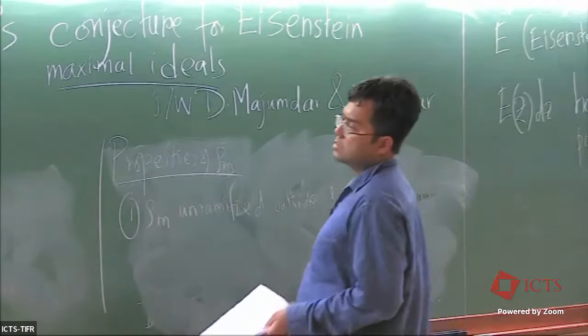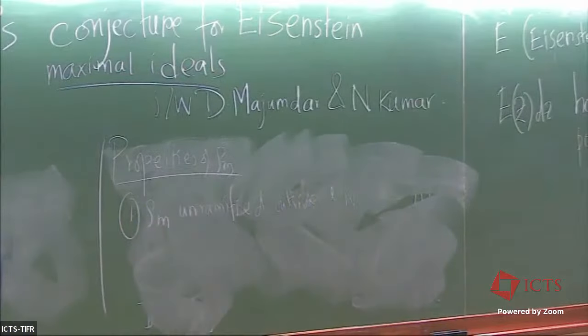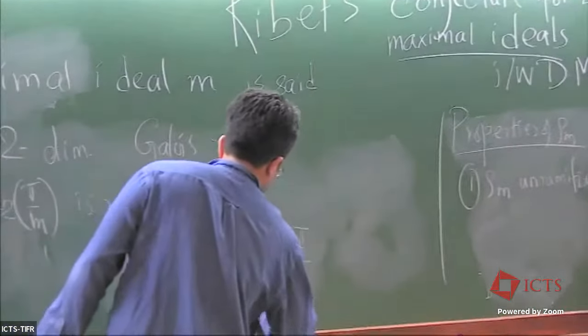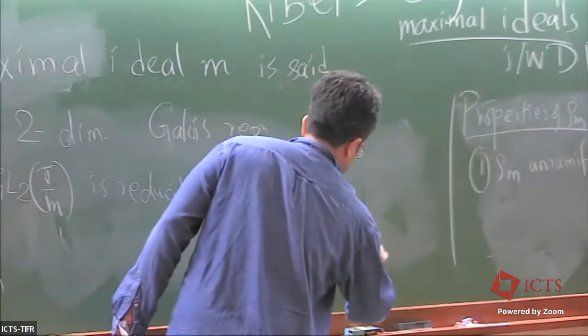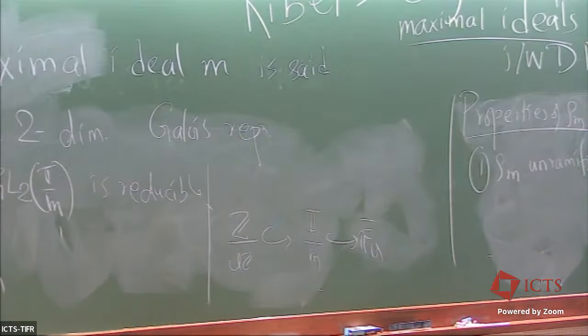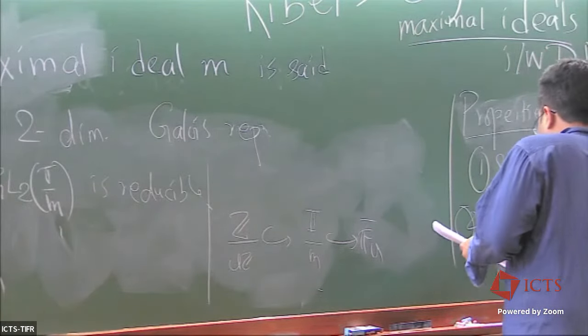Then, so this is going to give you this L. You have this T mod m sits inside Z mod LZ. So this is your bar. So this is going to give you L. So this rho m is unramified outside Ln, and characteristic P does not divide Ln.